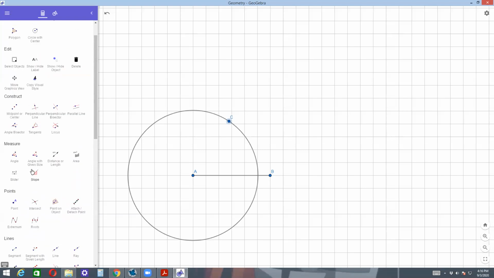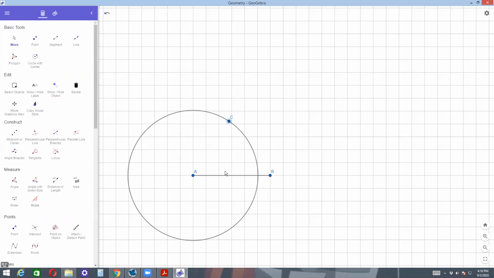All right, I haven't used this to construct angles, so it may not be easy. But anyway, let me draw a line. Suppose I know the angle here is whatever this angle is.